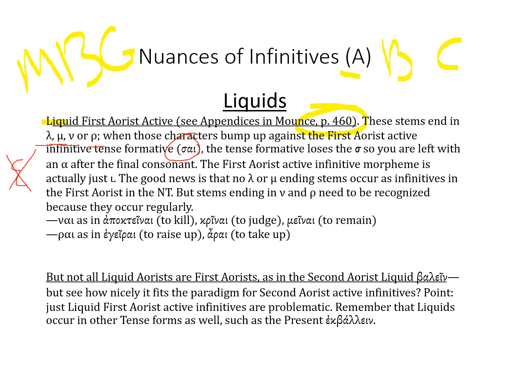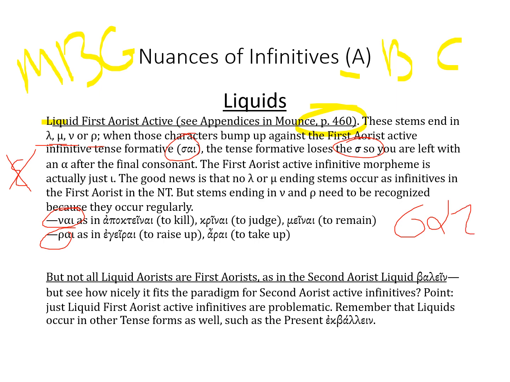It's just a sigma. And so what happens is there's a dropping of the sigma, but there's no lengthening of the alpha that follows. And you can see here in these examples, what we have is nai and rai as endings when we would expect with the first aorist sigma alpha iota.